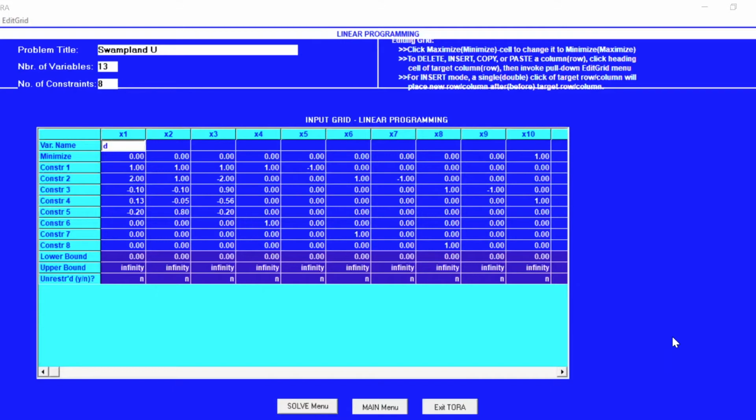I know it's a long process and it's going over and over again. We have 13 variables with 8 constraints, and that will be our D solution.